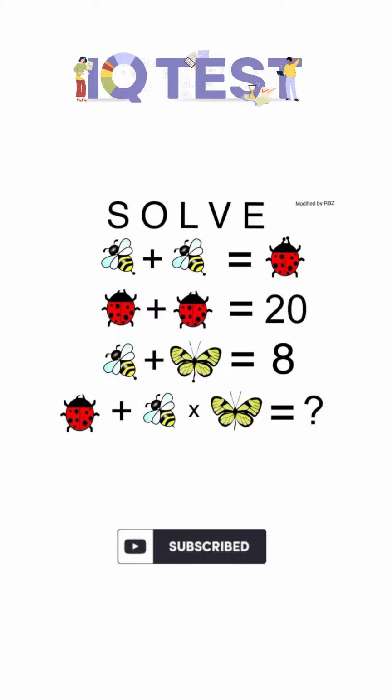Okay. So from here, our B is 5. So the B is 5. Okay, because the 2 ladybirds or the 2 ladybags will give us 20. So it means 1 is 10.